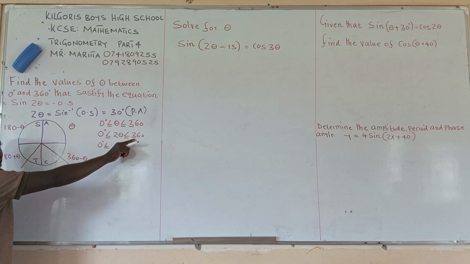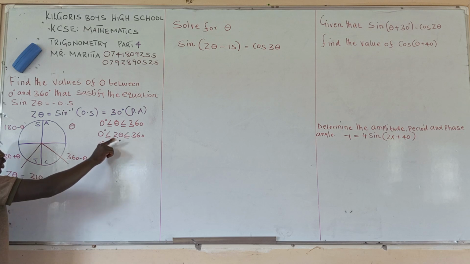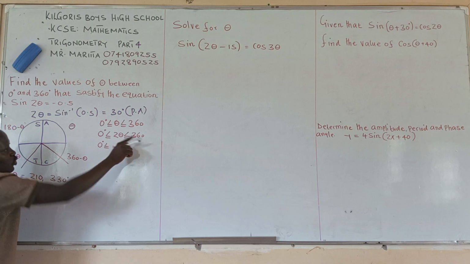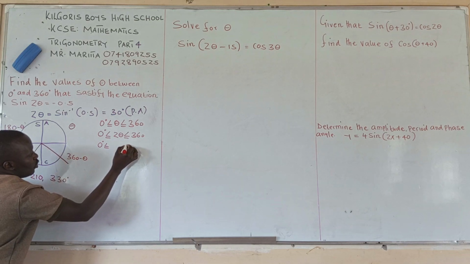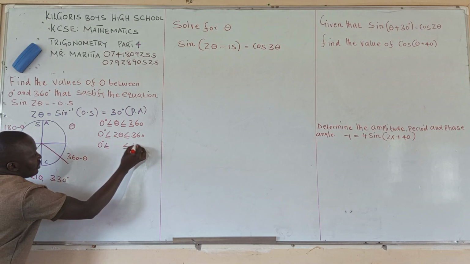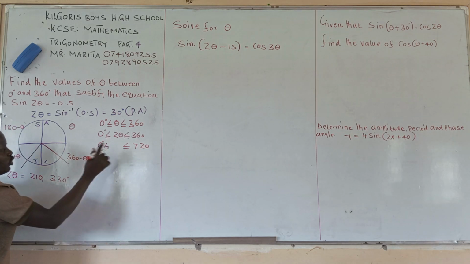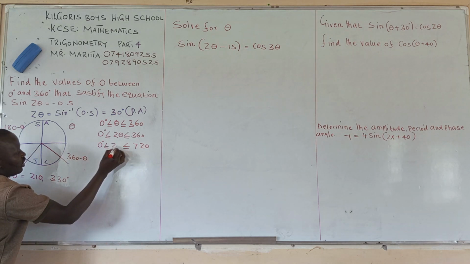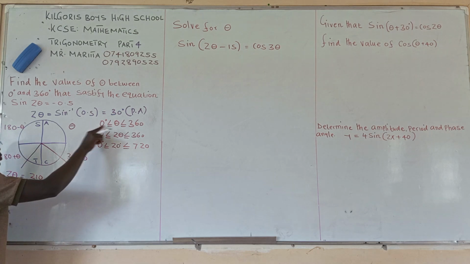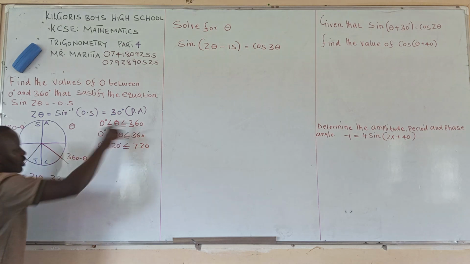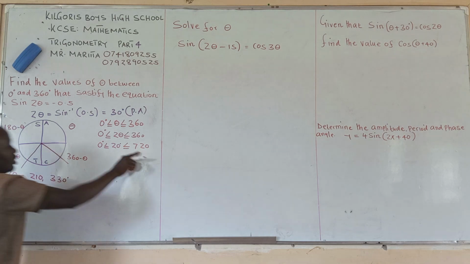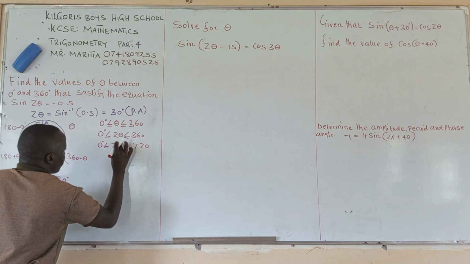When theta is 360, we take 2 times 360, and we have this one as 720. So our range now will change from 0 to 360 to 0 degrees to 720.